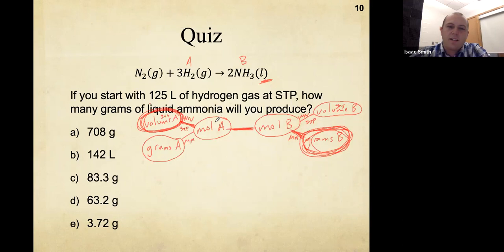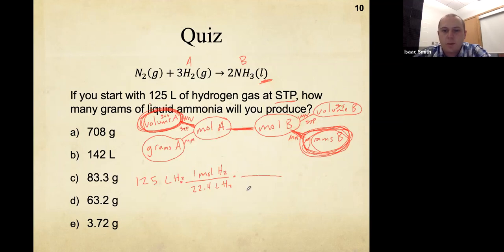So start with 125 liters of hydrogen gas. Then I can go from liters of hydrogen to moles of hydrogen because we're at STP and the hydrogen is a gas. So 22.4 liters of hydrogen is 1 mole of hydrogen gas. Then we go from moles of hydrogen to moles of ammonia.